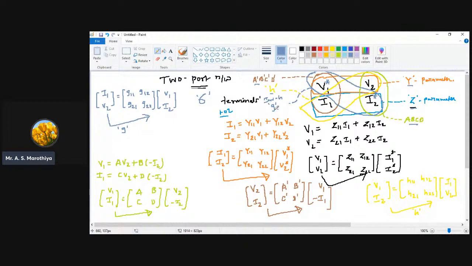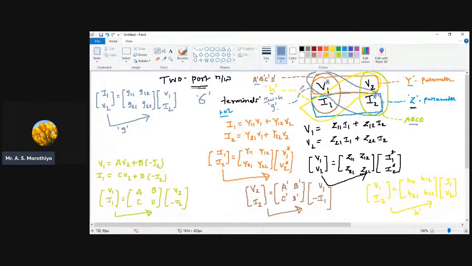If you take I1 and I2 as independent, that condition is called Z. If you take V1 and V2 as independent, that condition is called Y. If you take V2 and I2 as independent, that condition is called ABCD. If you take V1 and I1 as independent, that condition is called inverse ABCD. If you take I1 and V2 as independent, that condition is called H. And if you take V1 and I2 as independent, that condition is called inverse H, or you can say the G parameter. This is very important.